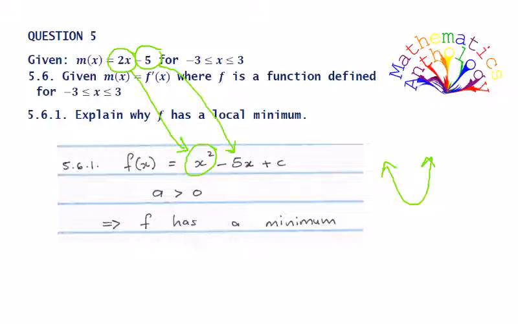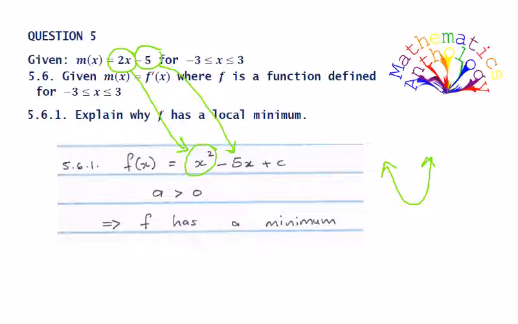So we can work out approximately what our original graph equation will be by finding the antiderivative of m of x. So we'll get f of x, the original graph, is equal to x squared minus 5x plus c. If we find the derivative here of our f of x graph, we'll end up with 2x minus 5, which is our derivative graph, m of x there.